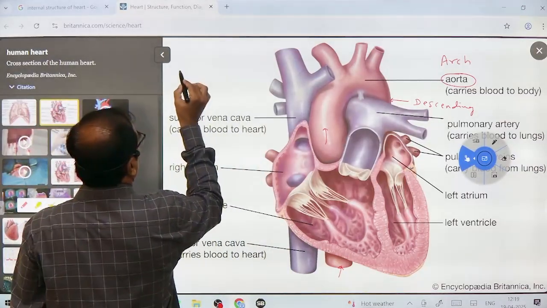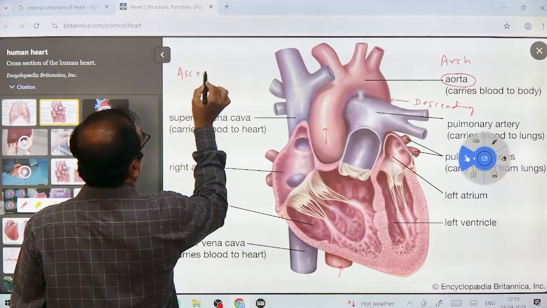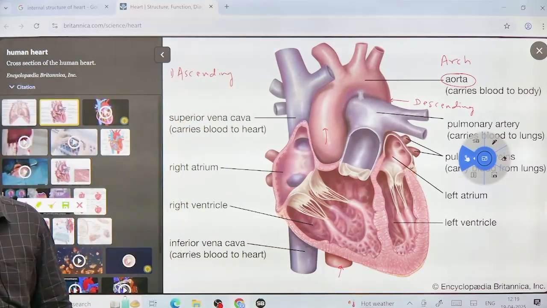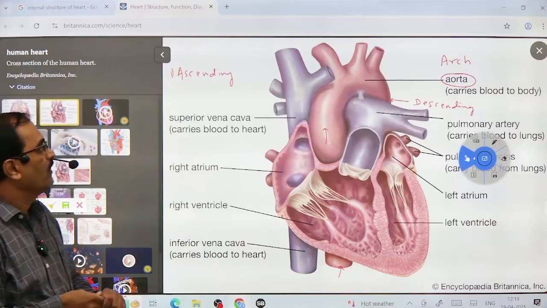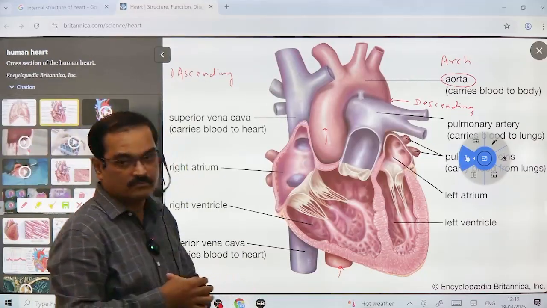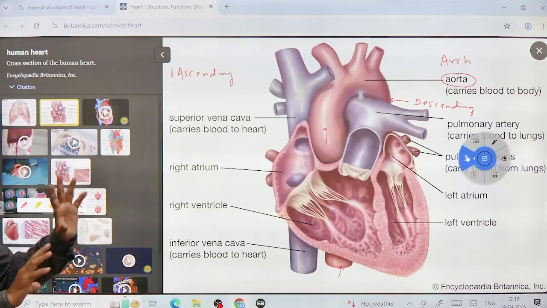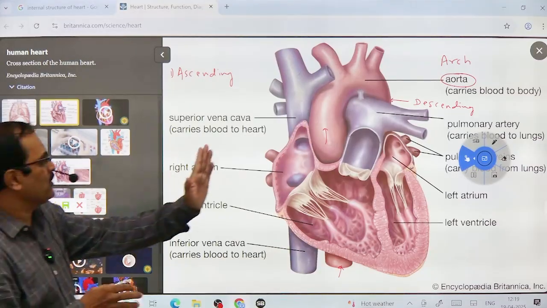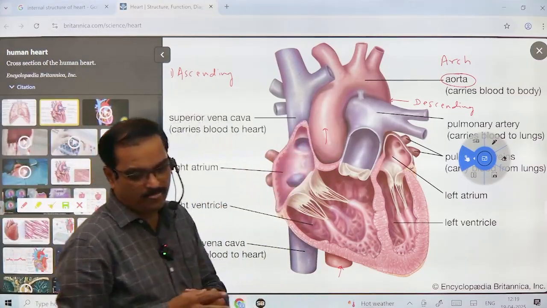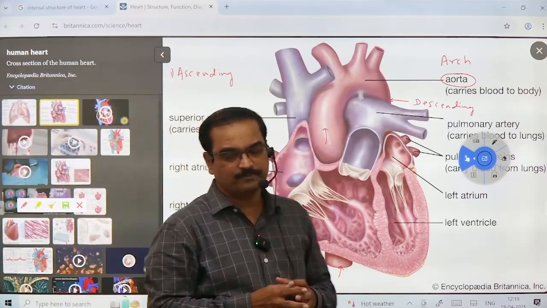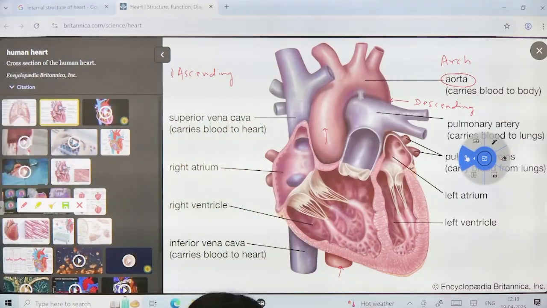First is ascending aorta, root, you can call, but commonly it is called ascending because the direction is upward. Second one is arch of aorta, and third is descending aorta.